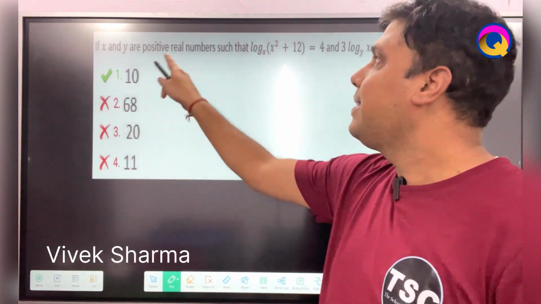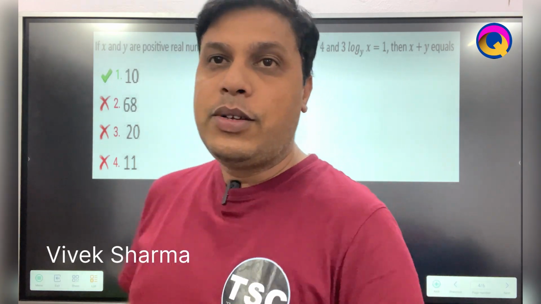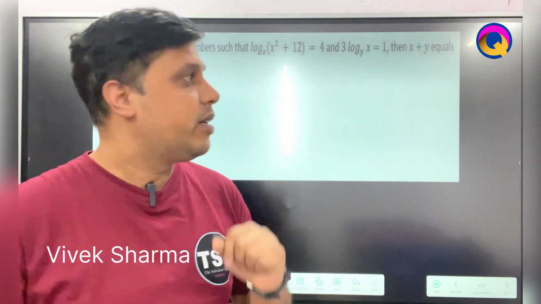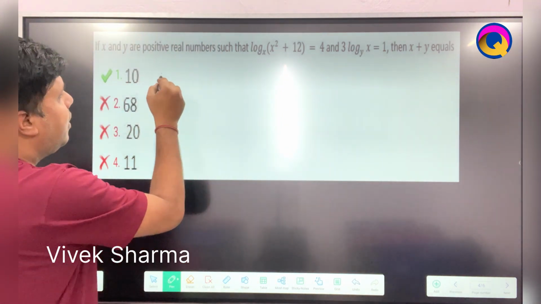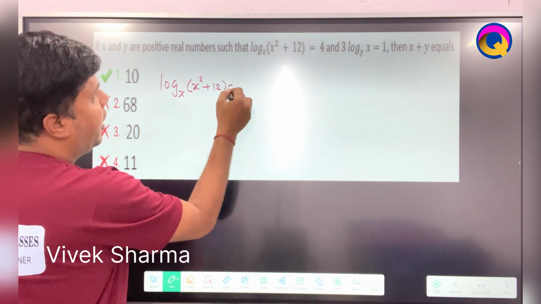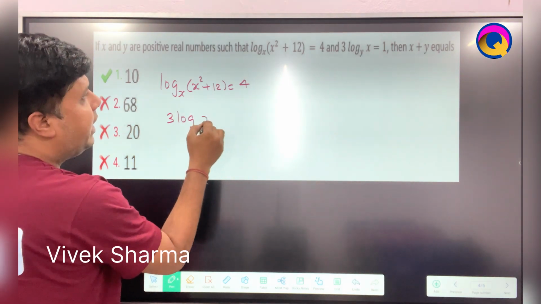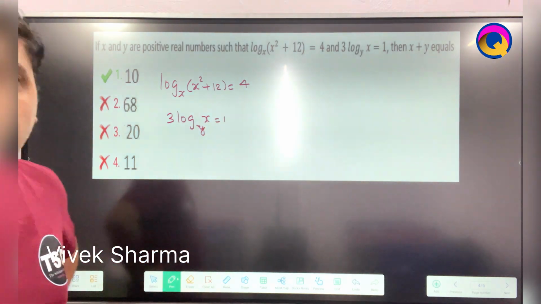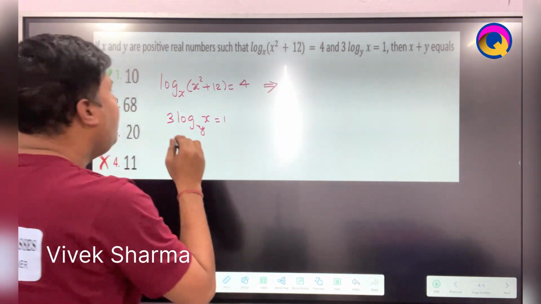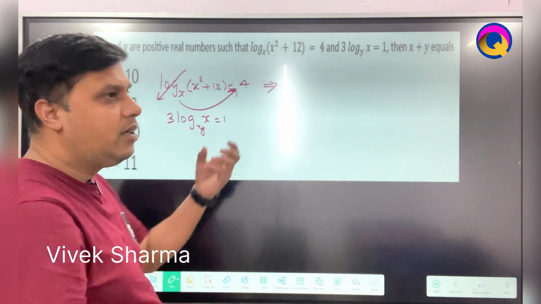Again, x and y are positive real numbers and this question belongs to the logarithm function. So there are some properties which you should know to solve this question. It is saying log with base x of x square plus 12 equals 4, and thrice of log base y of x is 1, and we have to find the value of x plus y. If I want to remove the log, x will go to the right hand side as the base of the 4.